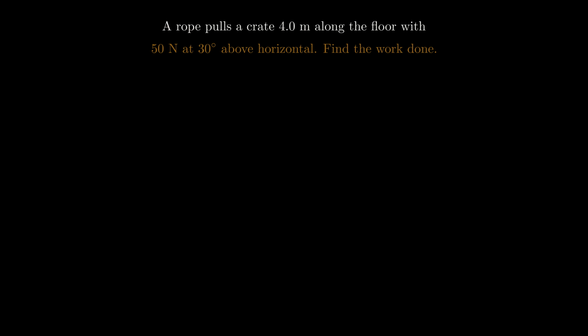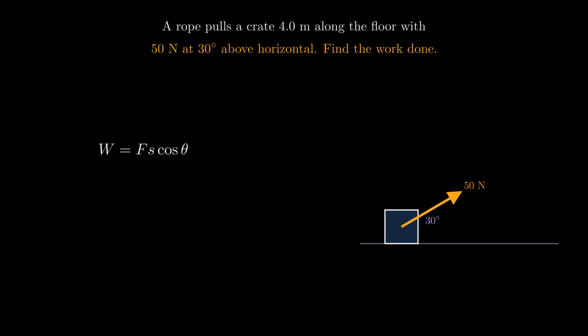Let's build a ladder of examples, easy to hard, all my own numbers. Number 1, straight from the definition. A rope drags a crate 4 meters along the floor, pulling with 50 newtons at 30 degrees above the horizontal. Find the work done on the crate. The force is at an angle to the motion, so we need the cosine.